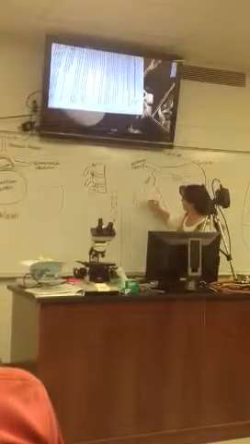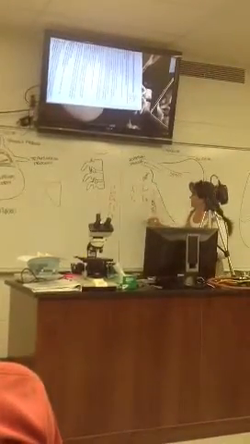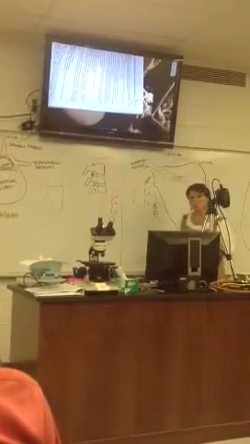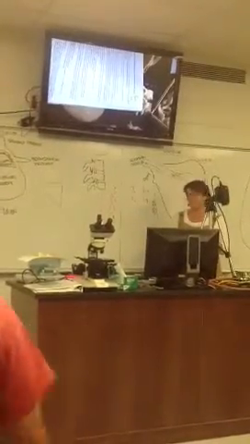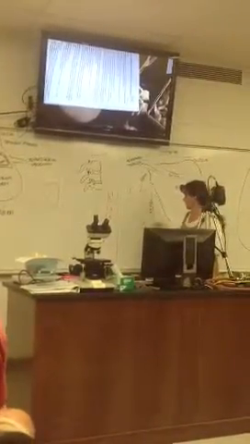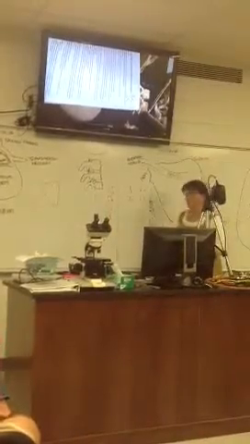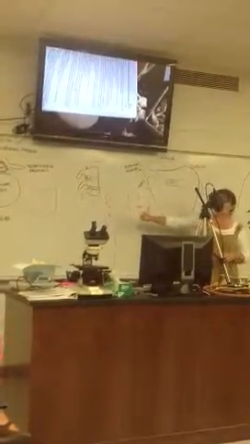Lumbar is L, so it's L1, L2, and so on. And then the sacrum is designated as S1, and the coccyx is designated as CO1. Okay? C1 and C2, remember, have special names: atlas and axis.